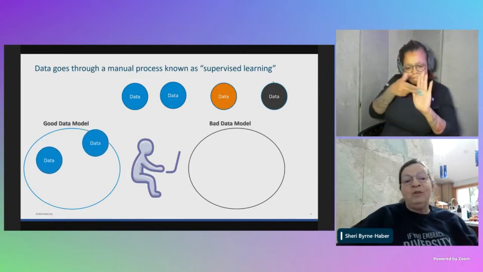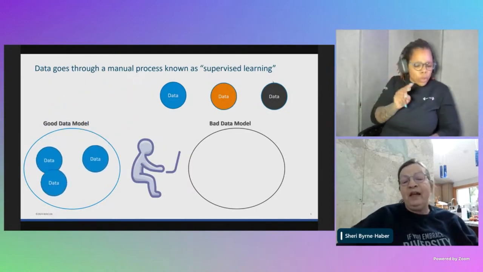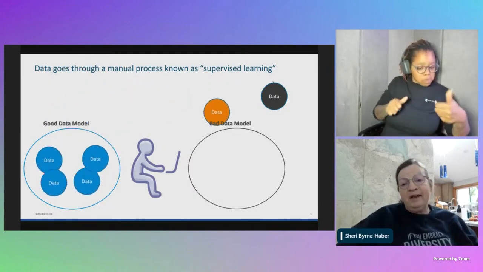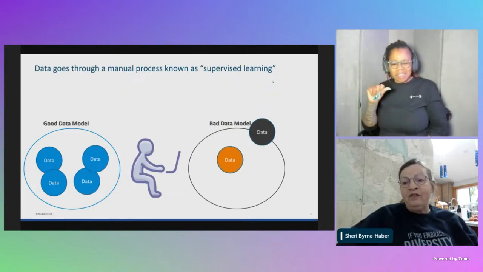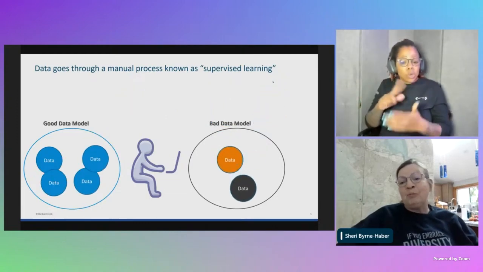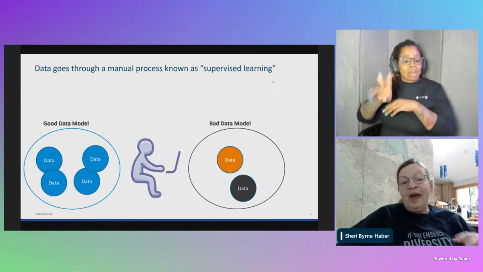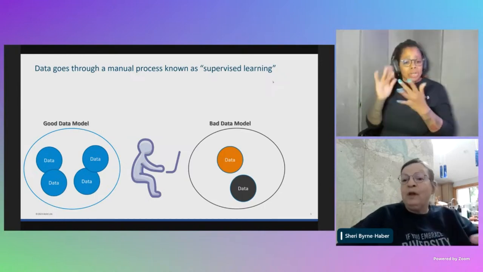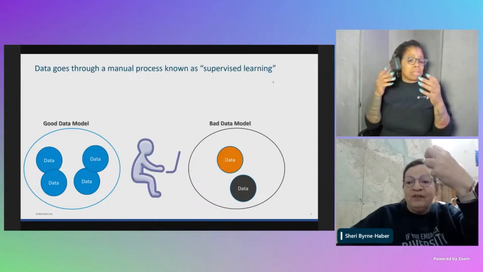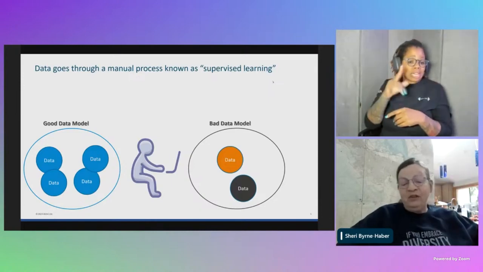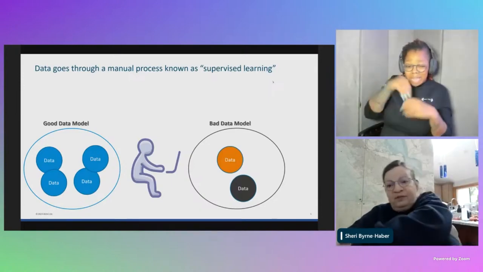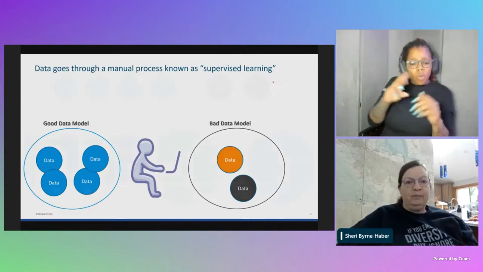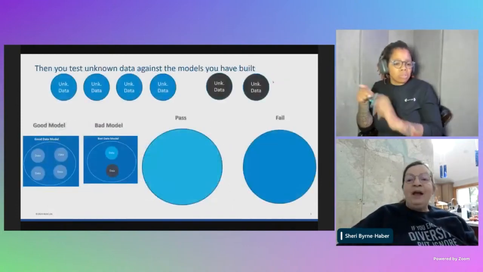So they will look and they will say, okay, this kind of data is good data, and this kind of data is bad data. And so what it does is it builds up reference material so that the neural networks can then later determine when they have a question that they've never seen before, does this fall into this data model or does this fall into some other data model? Okay, and that's what happens.